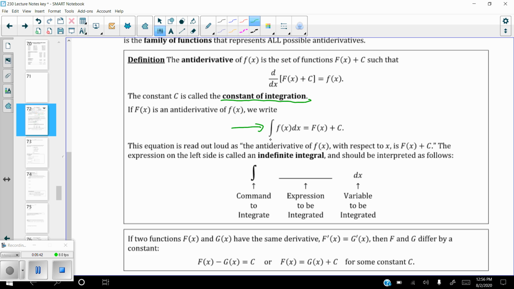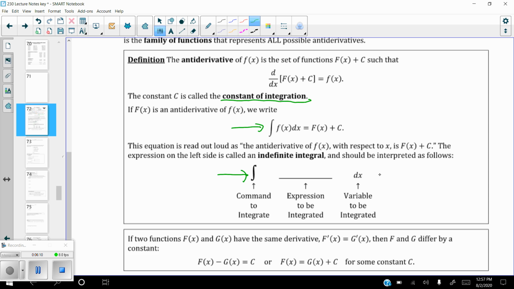So the integral of f of x dx is denoted by capital F of x plus c, or in other words, when you take the integral, you're really just trying to find the antiderivative. And then since there's no bounds, which we will talk about eventually, you put plus c. This integral symbol tells you it's the command to integrate. It's telling you to do something.